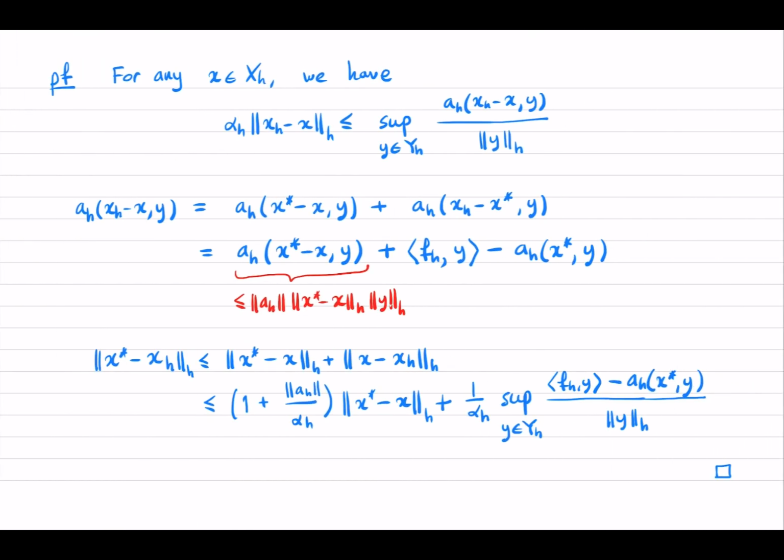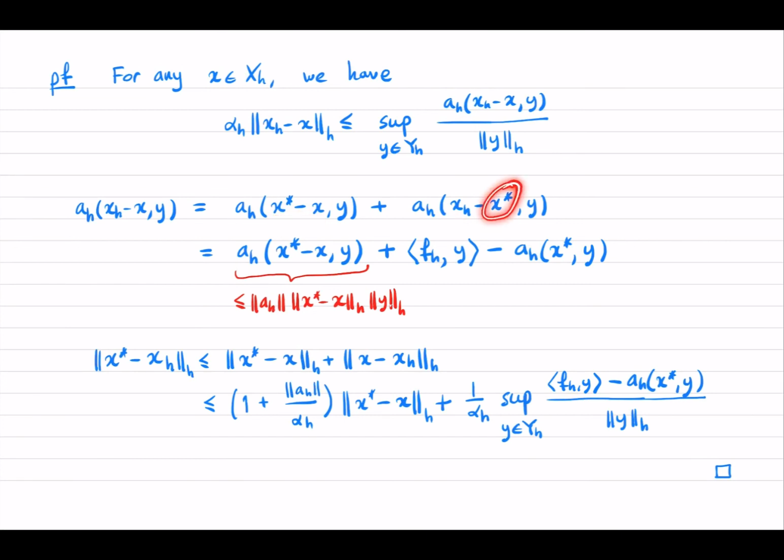The proof is again straightforward. First, we take an arbitrary element from the finite element space and use that we have the inf-sup condition on the discrete space. Then we're going to bound that bilinear term. So this bilinear term is here. We write this simply as first x star minus x, and here we have x_h minus x star.